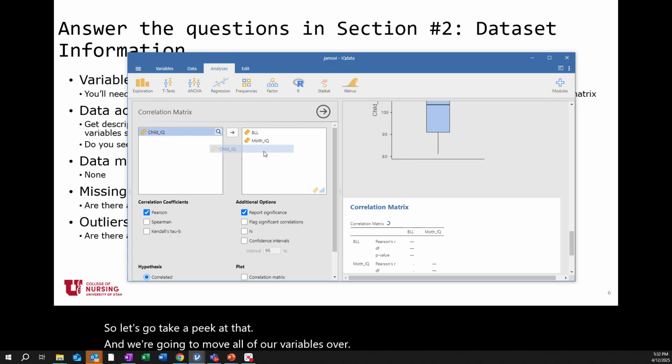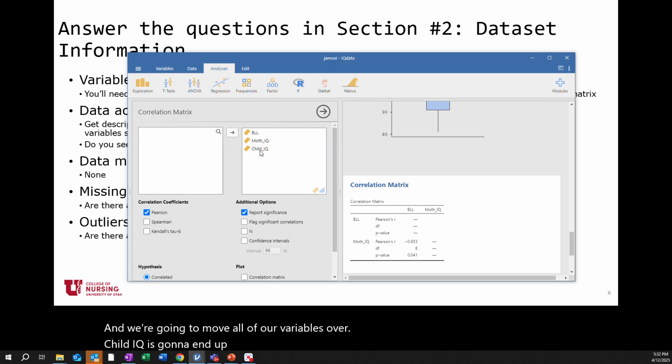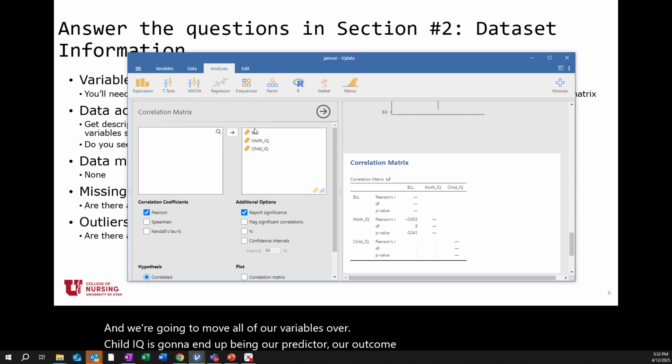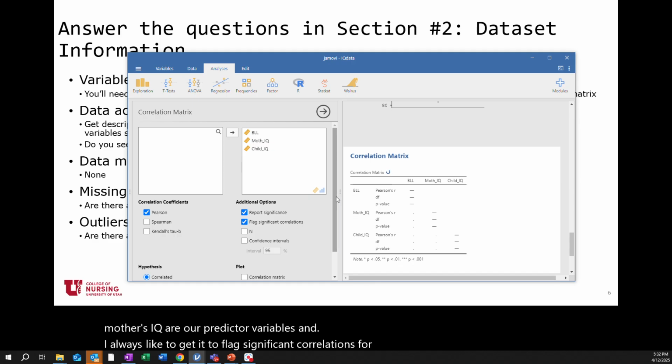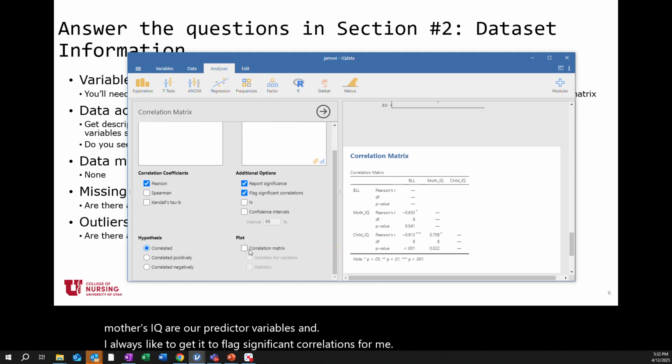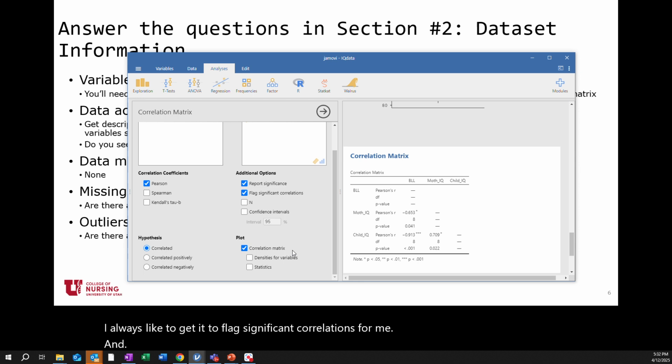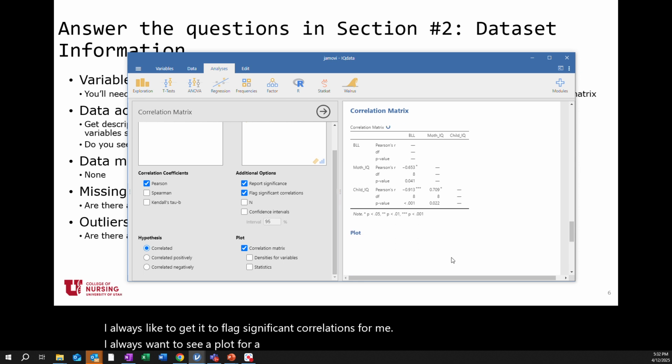Child IQ is going to be our outcome variable, and blood lead levels and mother's IQ are our predictor variables. I always like to get it to flag significant correlations for me. And I always want to see a plot for a correlation matrix. And go ahead and add these densities and statistics because those make things easy to read.